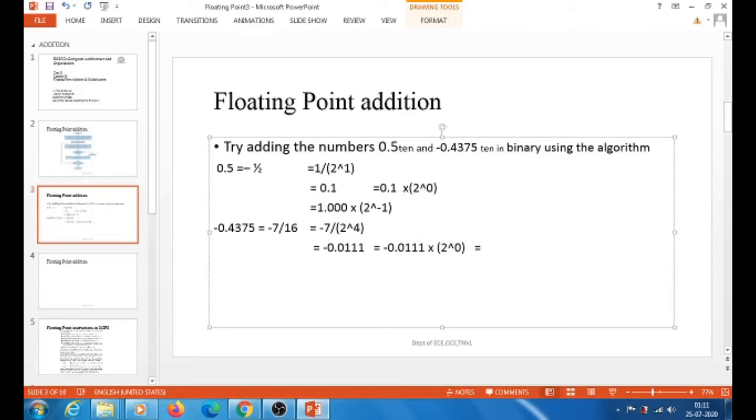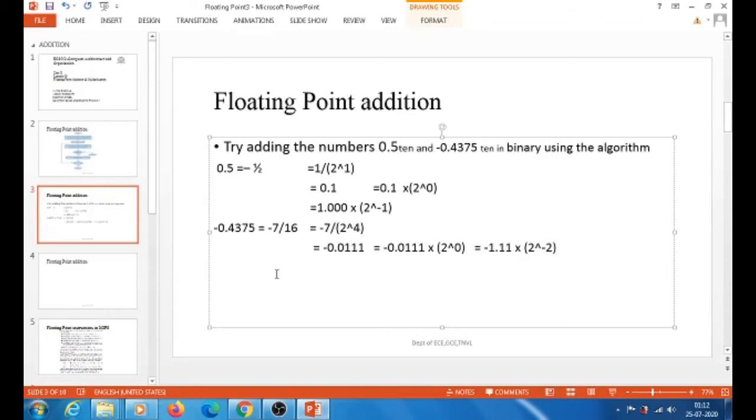So minus 0.0111, I want to shift the decimal 2 positions right, so I must make this 2 raised to minus 2. So now it comes to minus 1.11 into 2 power minus 2. Okay, so now we want to follow the algorithm.